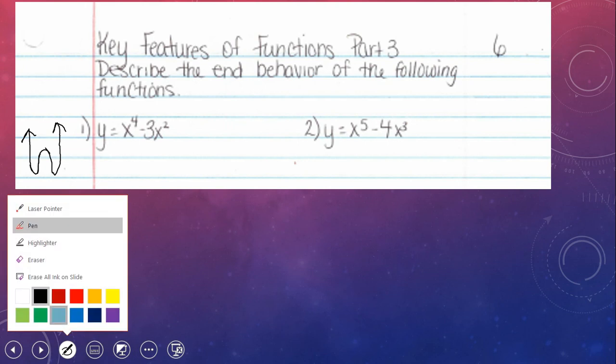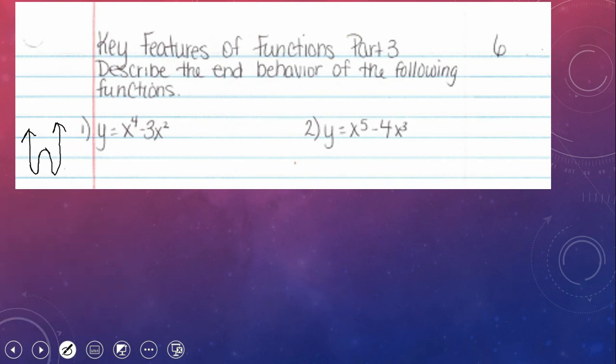So the left side is as x goes towards negative infinity. So on the left-hand side, as x goes to negative infinity, comma, where does y go towards? This problem calls it y, so you're going to call it y in your answer. Where does this arrow point towards? In the y values, that would point up towards positive infinity.